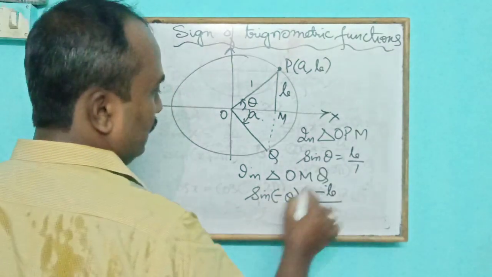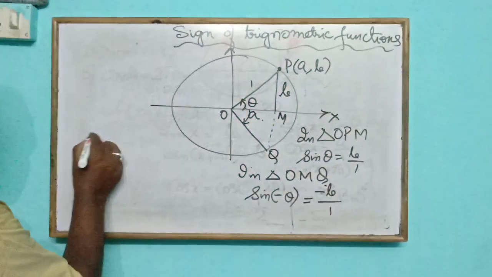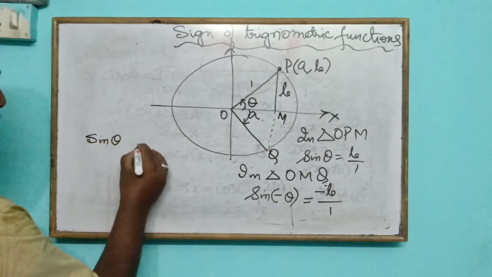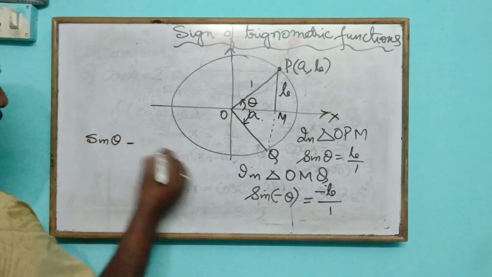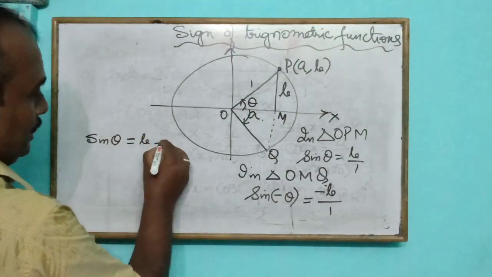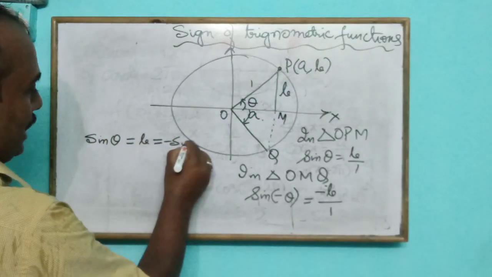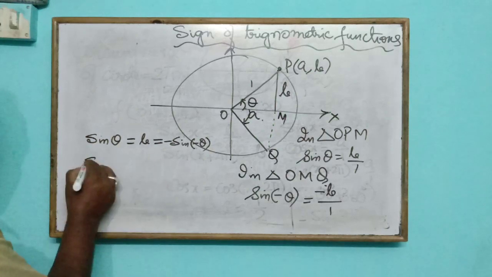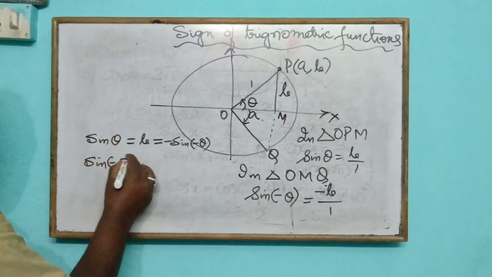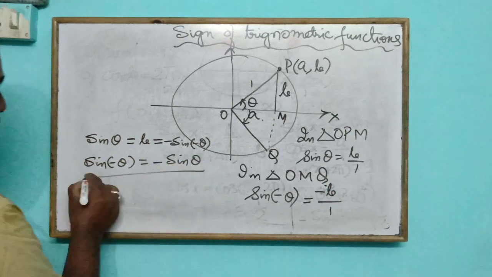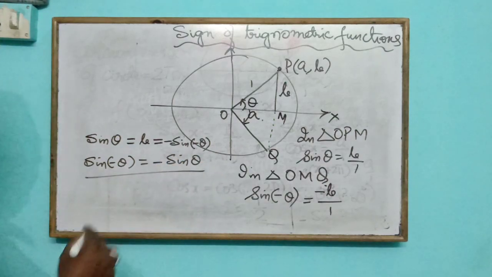So what we get as the relation from here is sine theta is B, and this is equal to minus of sine minus theta, or we can simplify and write sine of minus theta equal to minus sine theta.